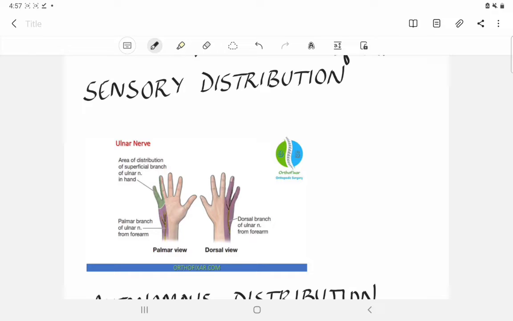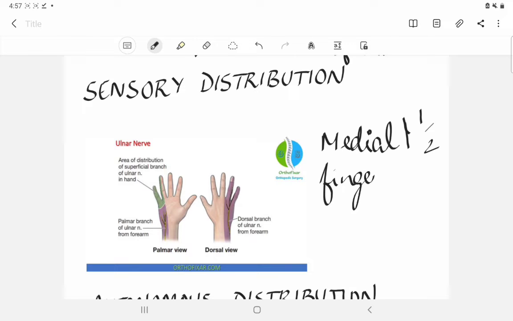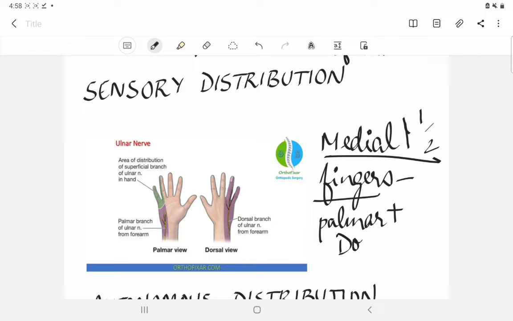Like I said, basically it's the medial 1.5 fingers. This is something we must remember at all times. Medial 1.5 fingers is the sensory distribution of the ulnar nerve, and this goes for both the palmar as well as the dorsal aspect of the palm.